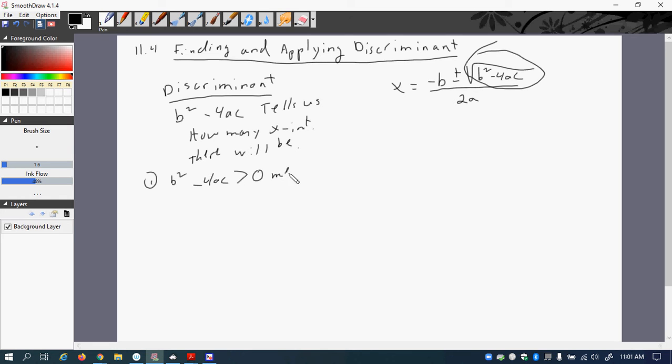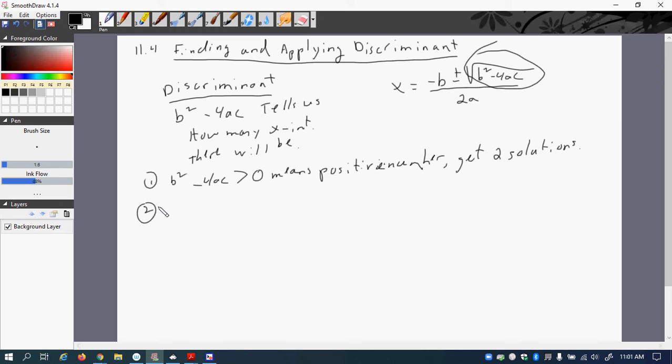That basically means that the b squared minus 4ac will be a positive number, and you're going to get two solutions. Okay? Because in that case, we'll have the plus and minus that we'll be dealing with. So that's the reason why we're going to get two.